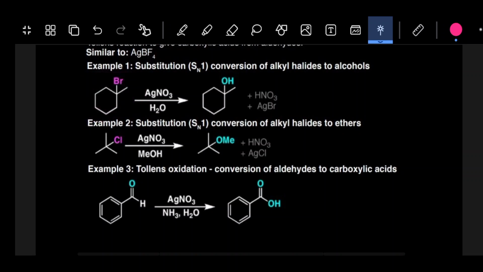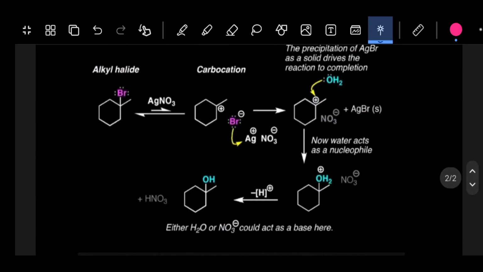And in the presence of MeOH as a nucleophilic solvent, it does create an ether, and it is also used in the Tollens reagent, I mean Tollens oxidation. Basically, what happens is an aldehyde gets converted to an acid. One quick look at the mechanism once again.